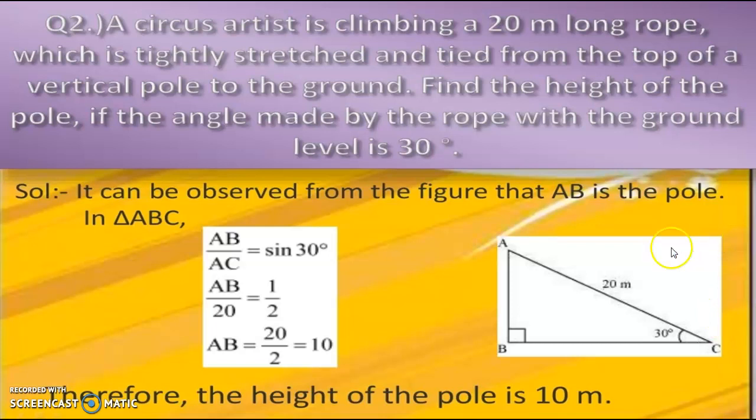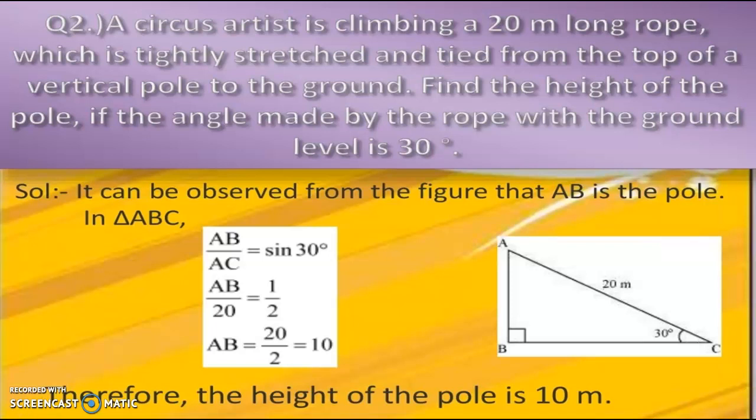In the figure, there is a triangle ABC again. AC is the rope that is tied from the pole. This is the top of the pole, and this is at the ground level. The length of the rope is 20 meter, and it makes a 30 degree angle with the ground.